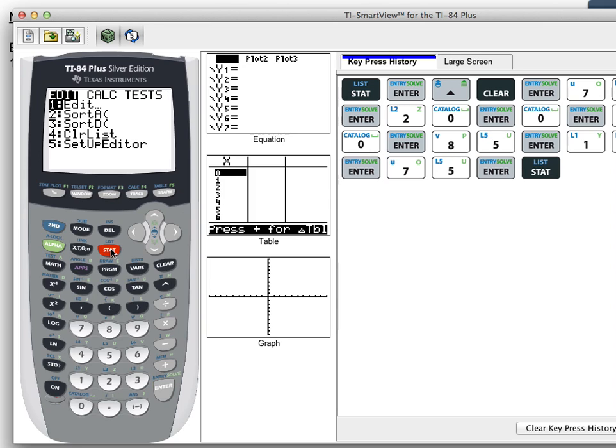So I hit stat again, go over to calculate, one variable statistics, and hit enter again. So my mean is 54.6, and the sample standard deviation is 41.29.